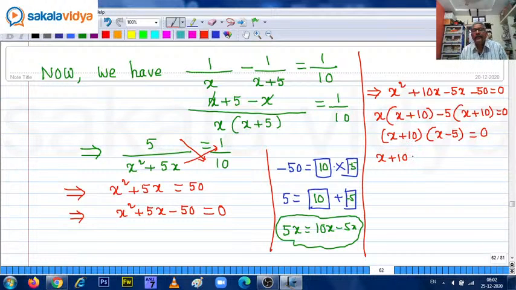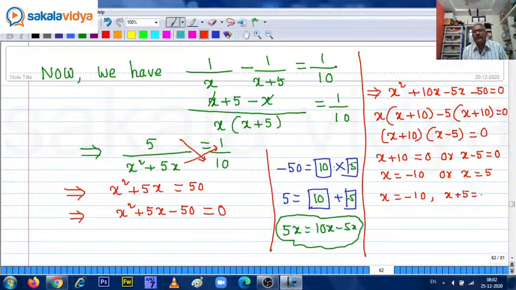So x plus 10 equals 0 or x minus 5 equals 0. So x is equal to negative 10 or x is equal to positive 5. Suppose x is equal to minus 10. The other number is x plus 5, that is minus 10 plus 5, minus 5.